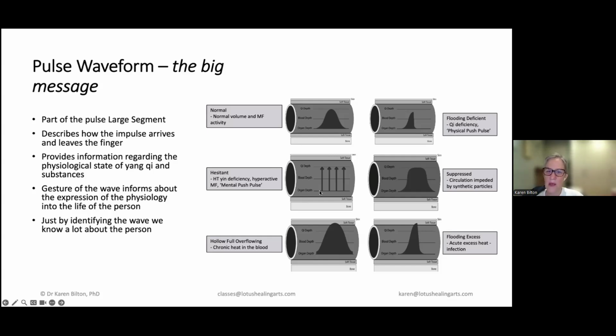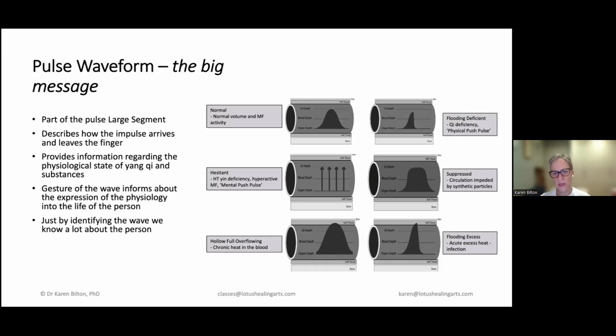Now, the hesitant waveform, here we have the impulse coming up to the chi depth, but instead of having that nice sort of apex at the chi depth, we kind of feel this sensation that the impulse hits all of our fingers at the same time.